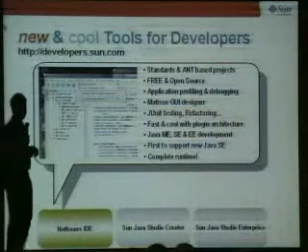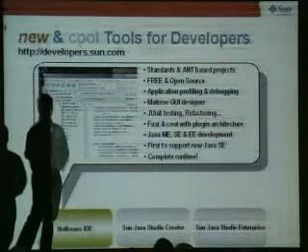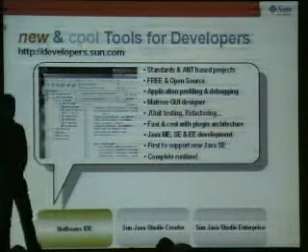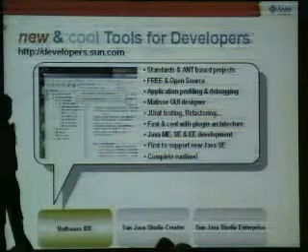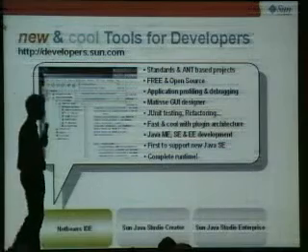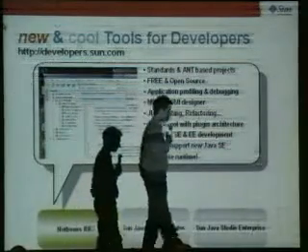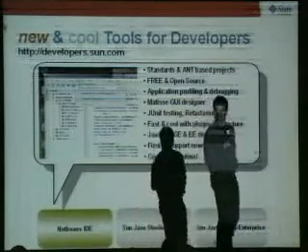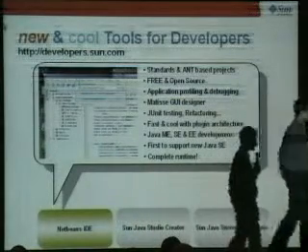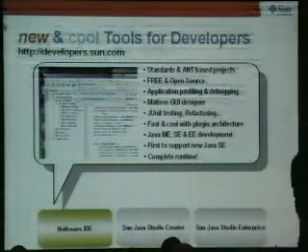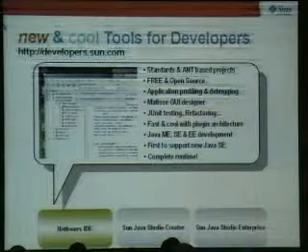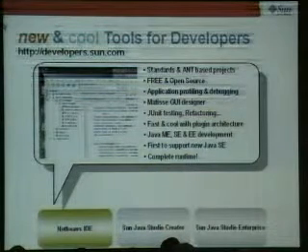The Matisse GUI Designer is a brand new feature in our latest release, NetBeans 5, and this is pretty unique, and I think they've tried to copy it now in Eclipse. I forget the name, maybe some people know. So Matisse is a new GUI designer for Swing.